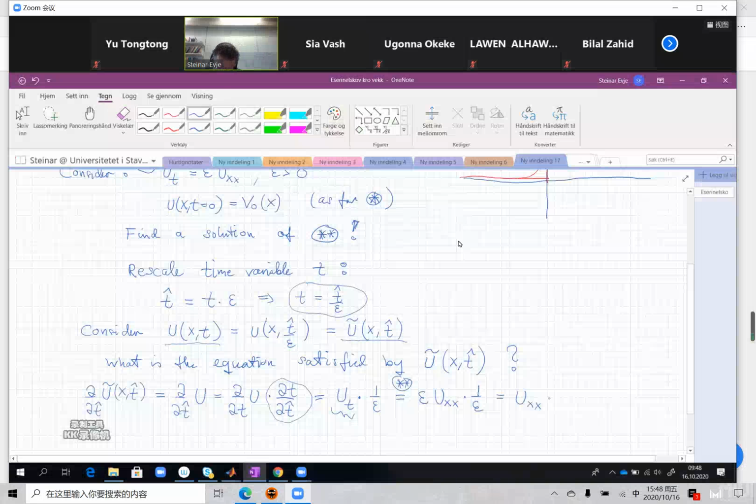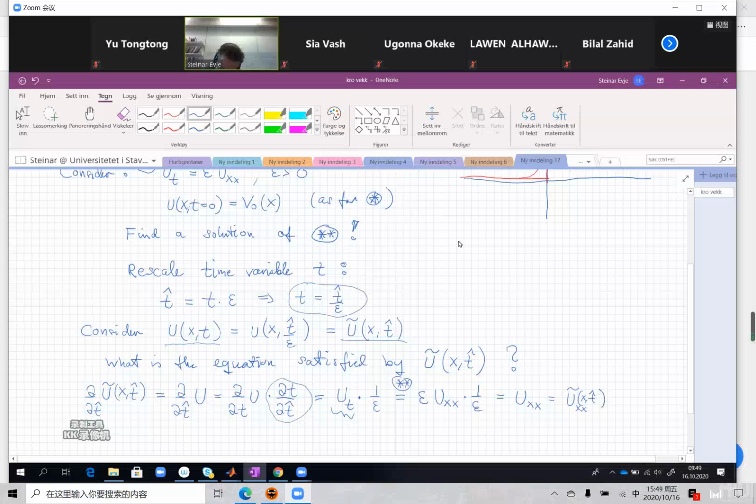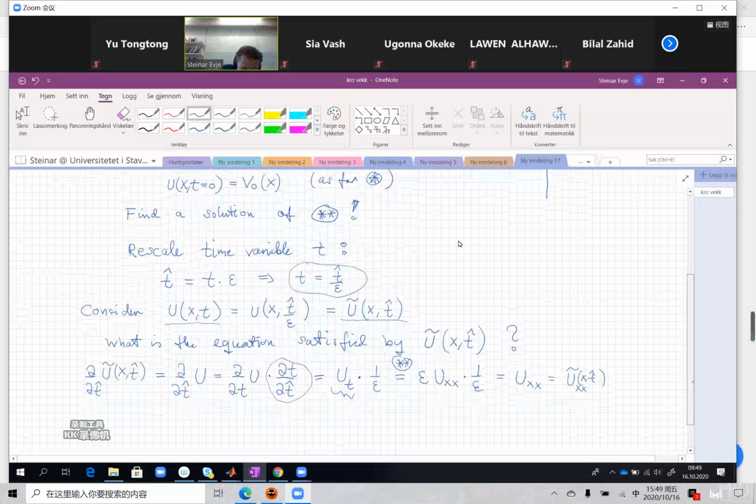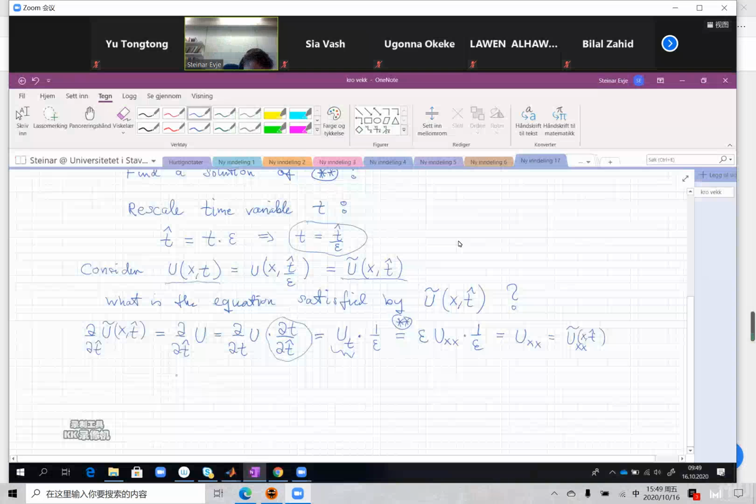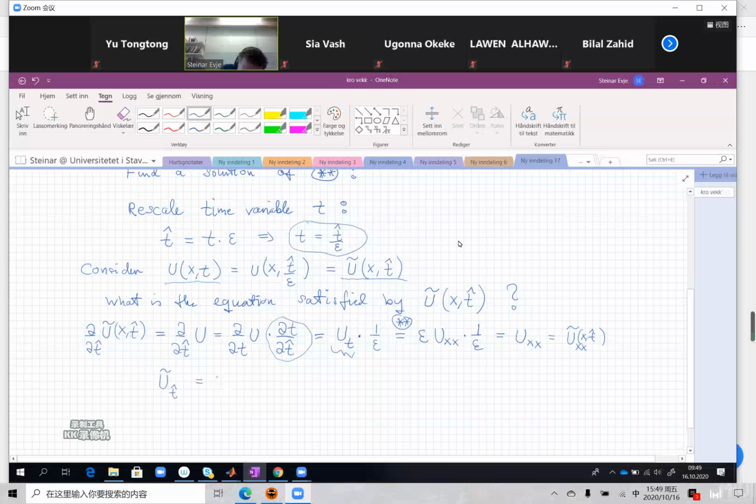So clearly that is the same as u tilde x x, where it depends on x and t hat. So then we have found an equation: u tilde t hat is equal to u tilde x x.